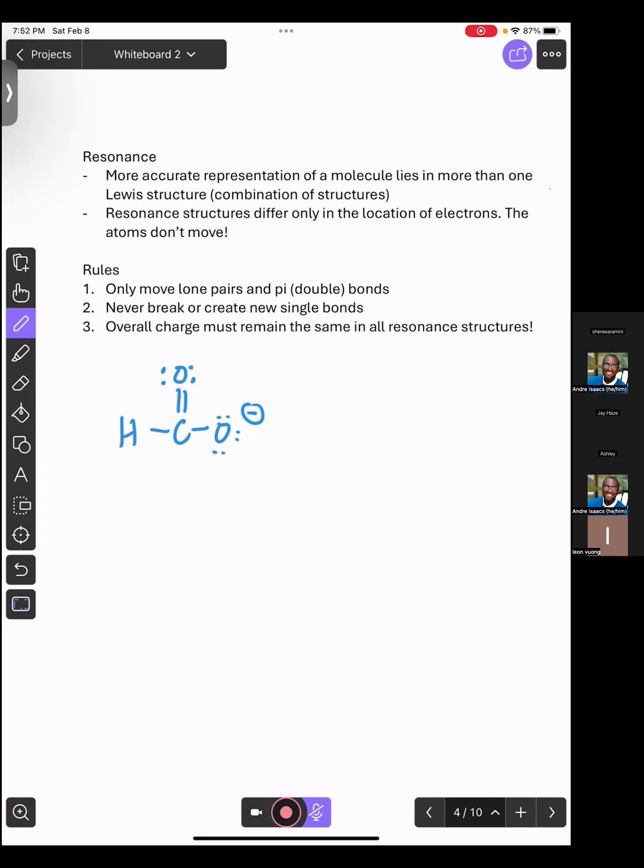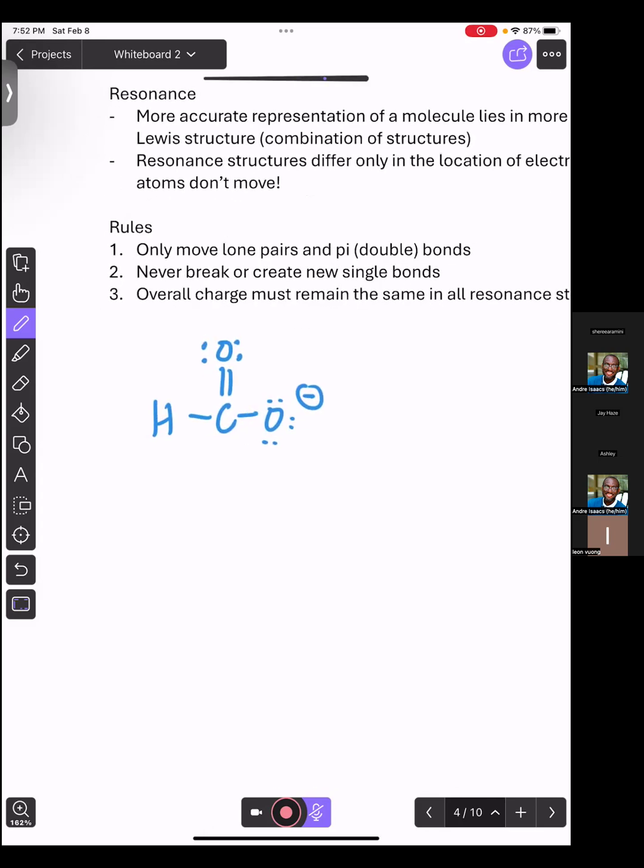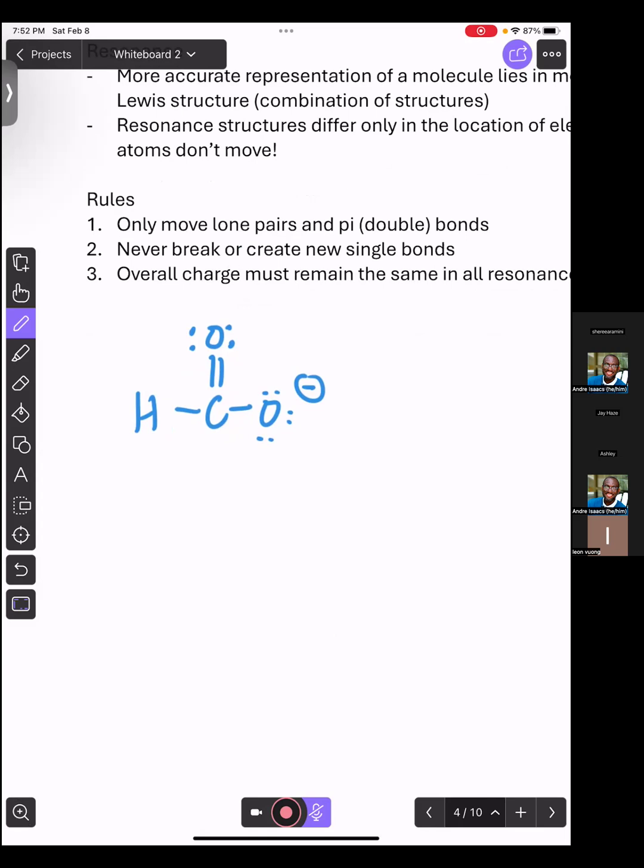So how can I move electrons through this system? Let's think about them as neighbors. These are all atoms living on the same street, and they have electrons attached to them. Are we all in agreement that the oxygen atom is the most electron rich based off of our observations here? Yes, we're in agreement.